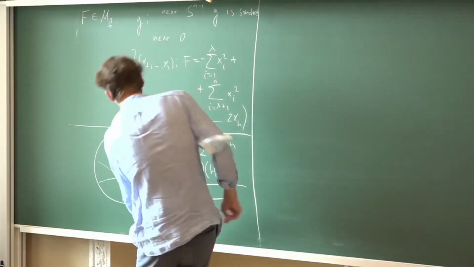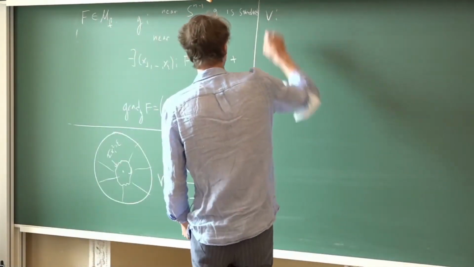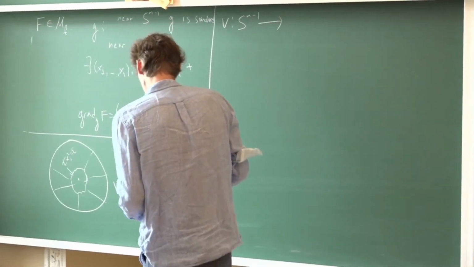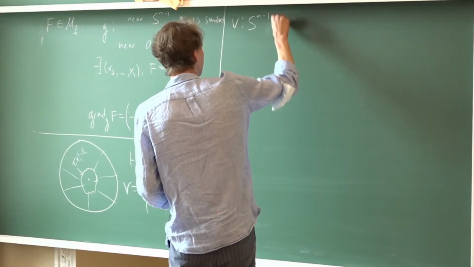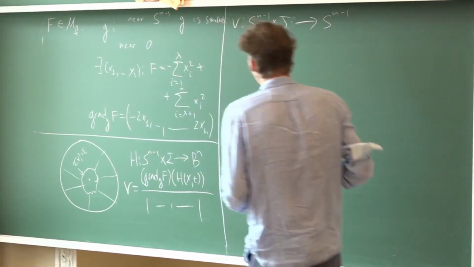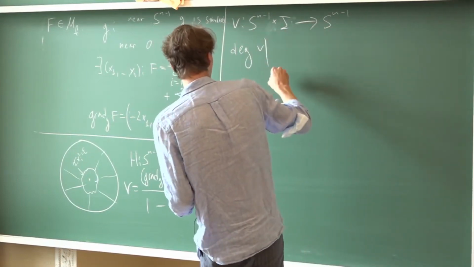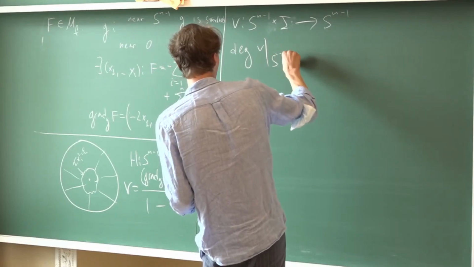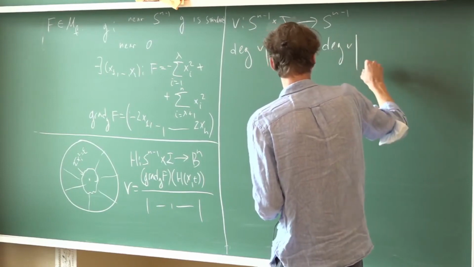So you get a function from the product of the unit sphere and the interval to the unit sphere. And so the degree of this function on the outer sphere is equal to the degree of this function on the inner sphere.